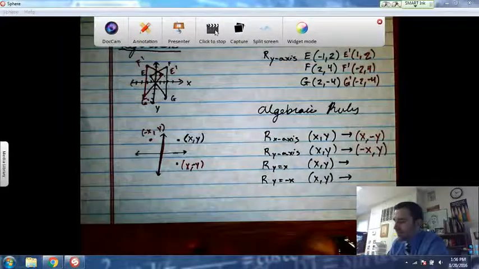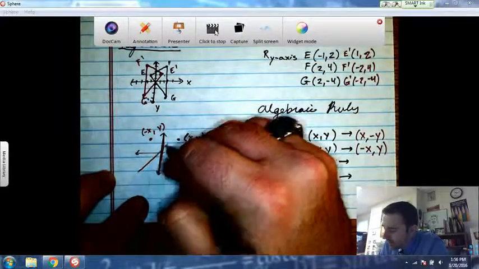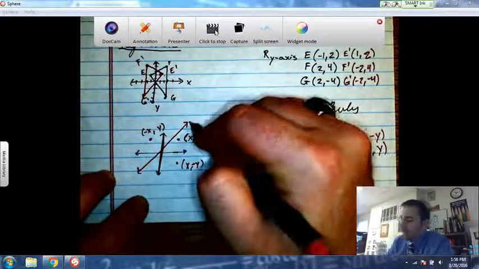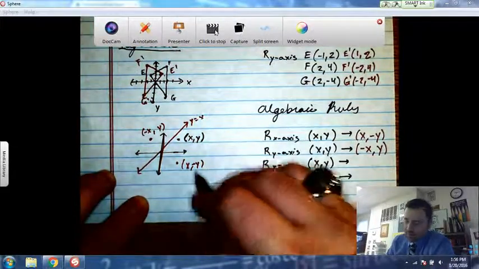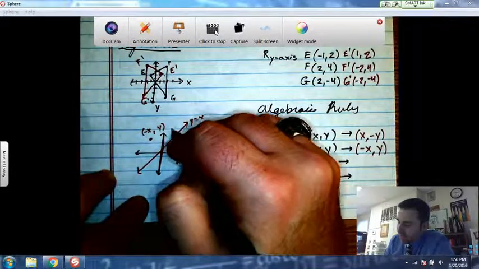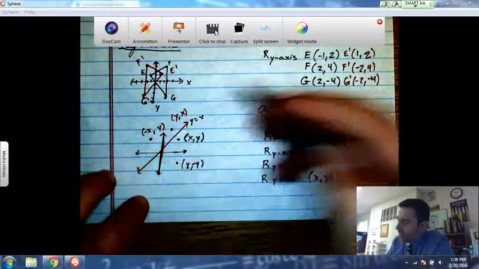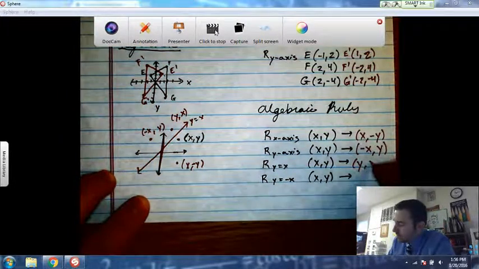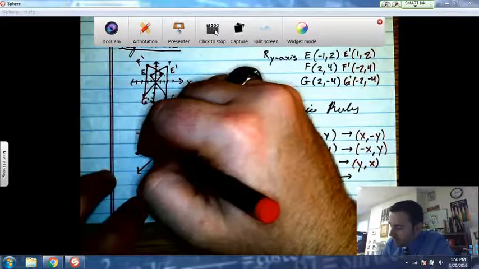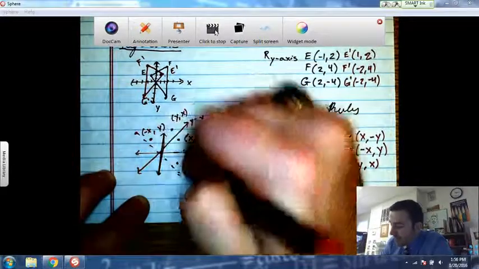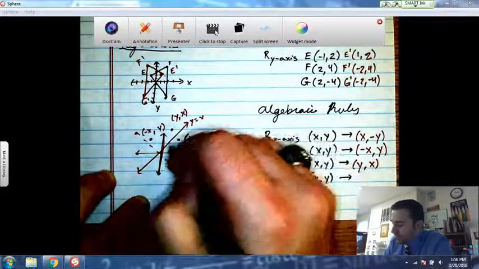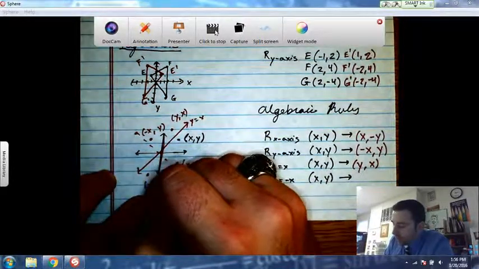So now if I were to reflect over the line y equals x, what we know is it switches the x and y values. And then, of course, reflecting over the line y equals negative x would also switch x and y.